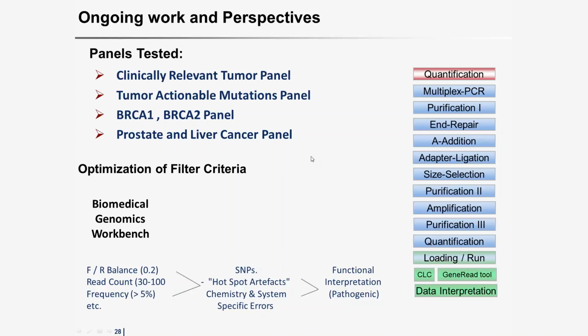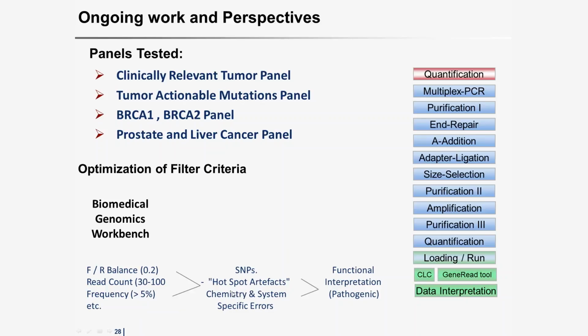In the Biomedical Genomics Workbench, in a first step, all technical filters also take place. So the thresholds of the forward-reverse read balance are set, the read count threshold is set, the frequency which is considered is set, etc. But in my experience, I think it is also very important to filter hotspot artifacts.